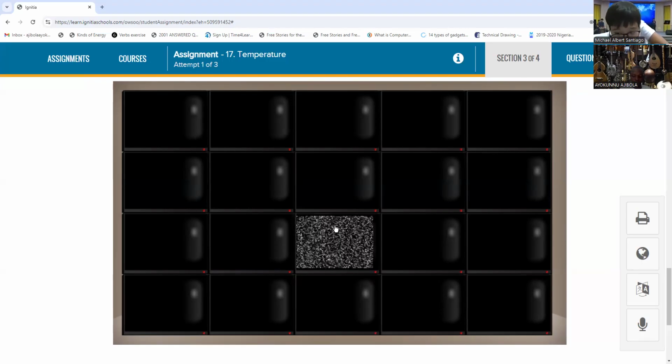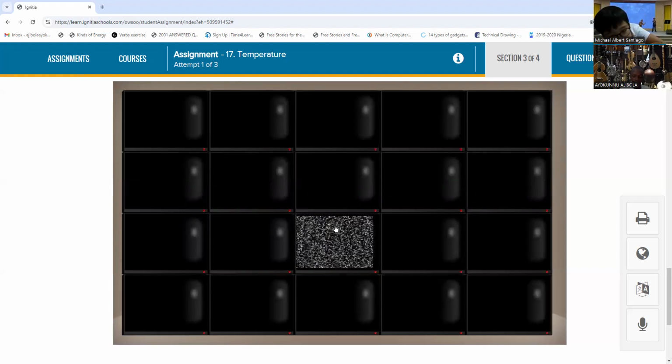Then we're going to add 32, that'll be 41. So we haven't seen 41 yet, but we have seen 40. So that's 40 degrees C that we have seen.